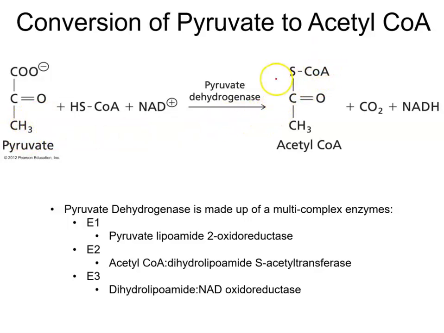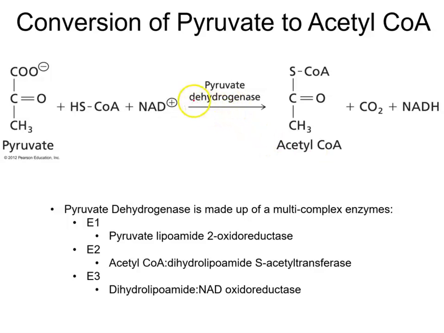The difference is that the carboxylic acid got replaced with a coenzyme A on the top, with a sulfur group. And this is catalyzed by a large complex of enzymes.